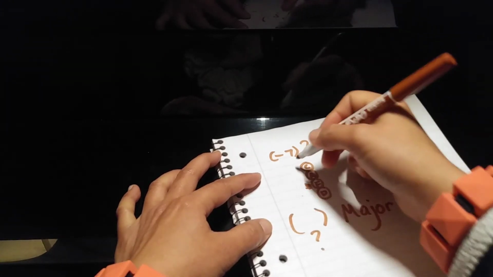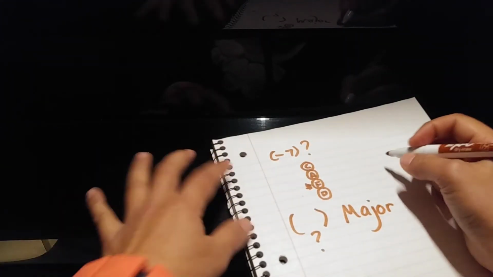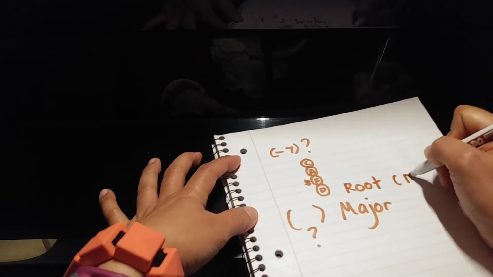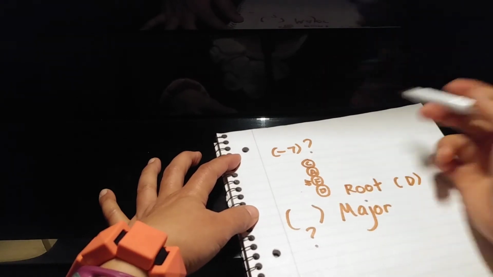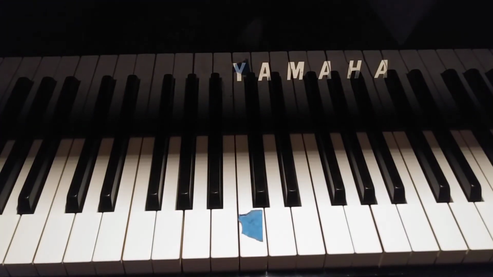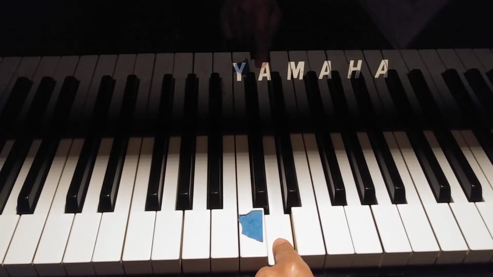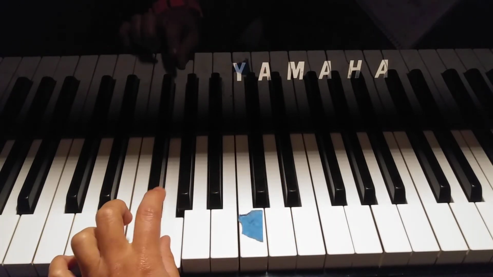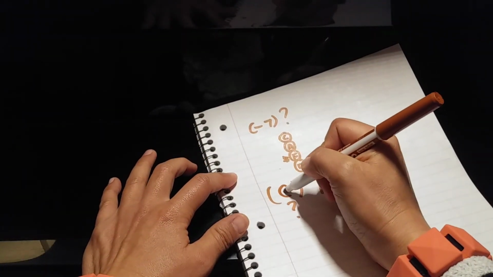So this, you know, is a dominant 7. You find the root. Once you find it, you know it's D because the notes are perfectly stacked together. Then you count 7 half steps down from this D: 1, 2, 3, 4, 5, 6, 7. So it's G. The answer for this question is G major.